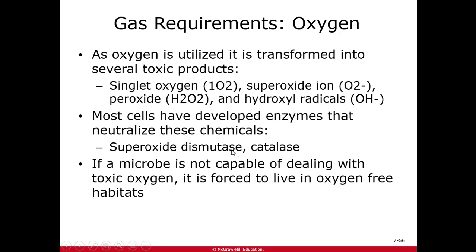That's where they get the superoxide ion. Catalase, same thing. It can neutralize some of these toxic forms of oxygen, which means they can thrive in an aerobic, oxygen-containing environment. As they use oxygen and make toxic forms of oxygen, they can neutralize it.